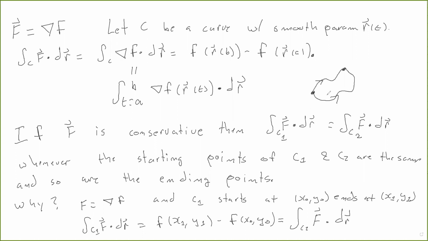That's what we mean. When a vector field satisfies that, we say that it is path independent.